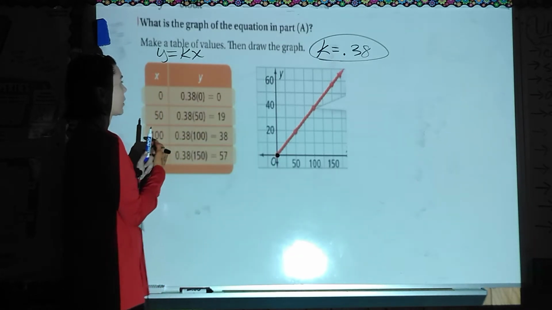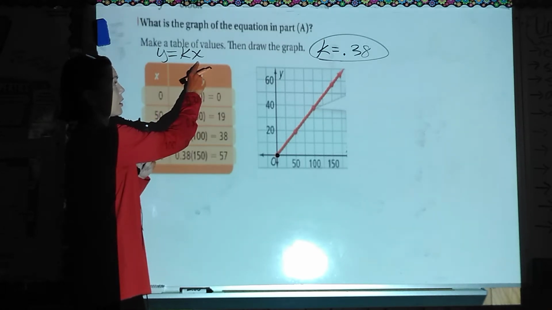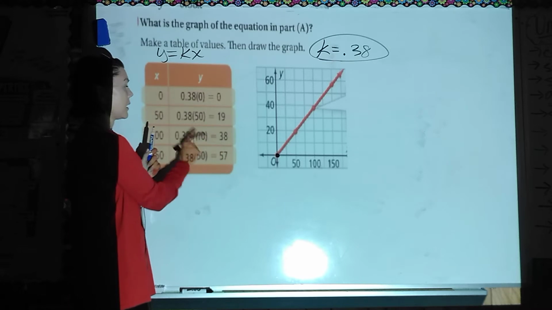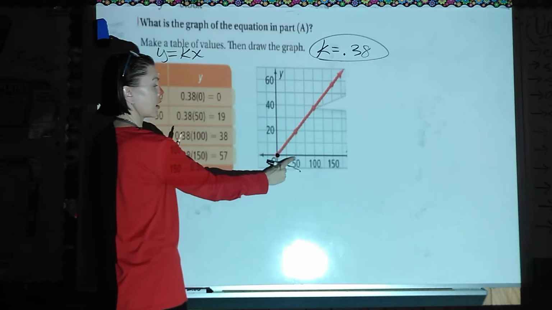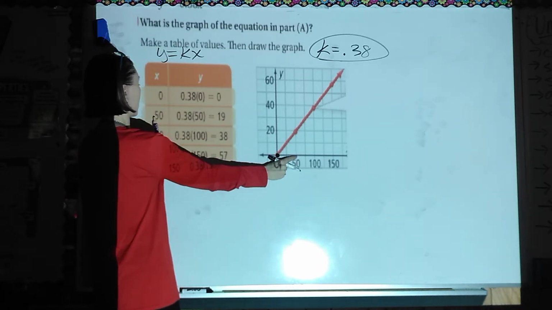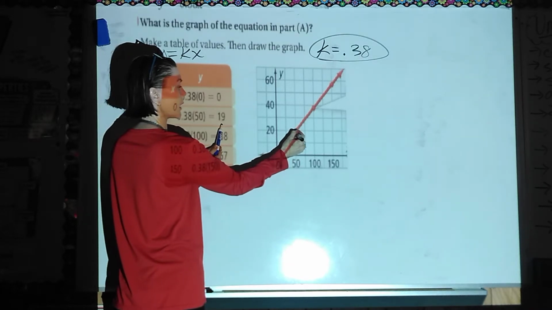Do it again. When your x is 50, 0.38 times 50 is 19. So when x is 50, go up to 19, which is right here. That's your next point.